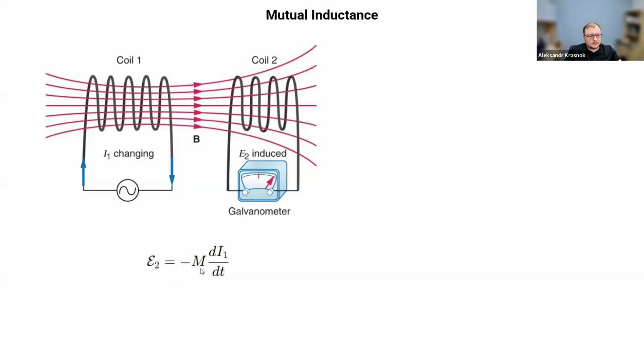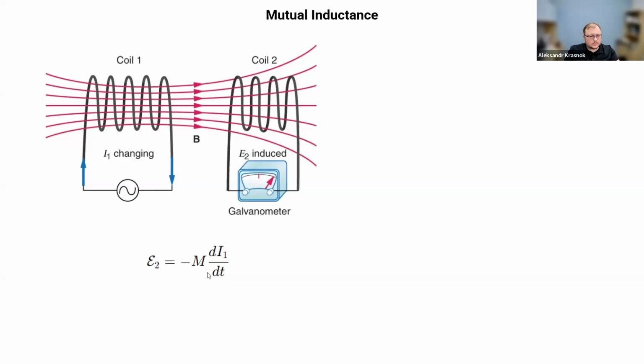And just like in the case of self-inductance, the mutual inductance can be introduced similarly, but now this mutual inductance is the proportionality coefficient between the change of the current in the first coil and the electromotive force in the second coil, and vice versa.